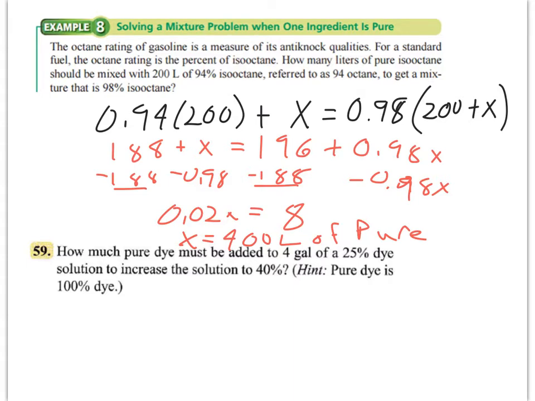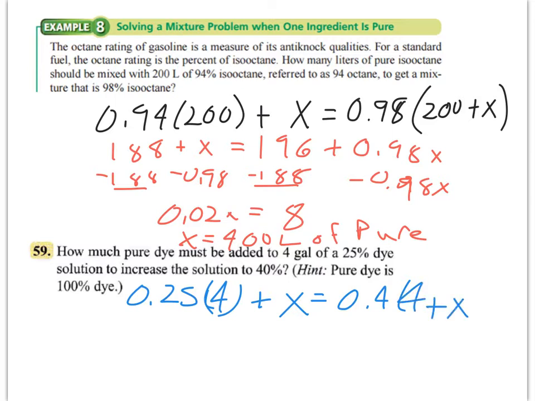So what we have already is 4 gallons of a 25% solution. So we would do 0.25 times 4, which of course is going to be 1, plus 100%, or 1, times the x, which is the pure dye we're going to add. And we want that to be a 40% solution, so 0.4 times the total amount, which again we don't know, but it's going to be 4 gallons plus the x.